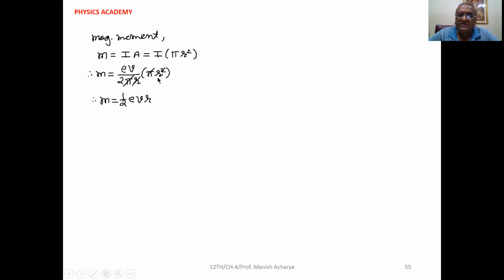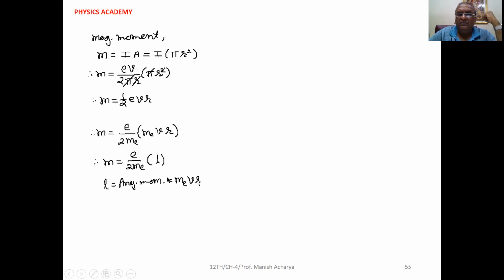So pi cancelled, one r will be cancelled. So magnetic moment is e v r by 2. Okay. Now here multiply and divide by mass of electron. So we can write M equal to e upon 2 m e into m e v r.